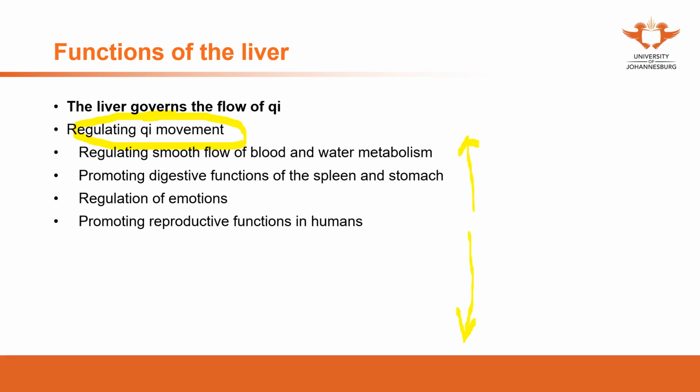When it comes to the spleen, some of the spleen's functions are related to the heart and the lung. And now when we study the liver, you will see that the liver's function is related to all different organs, because the qi and the blood are linked to all organs.